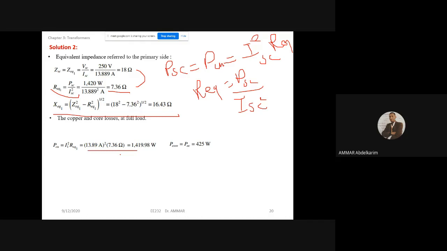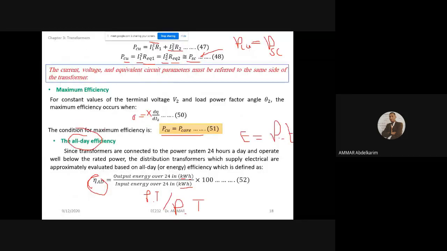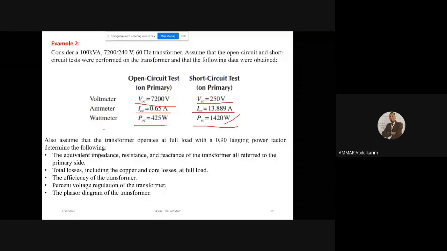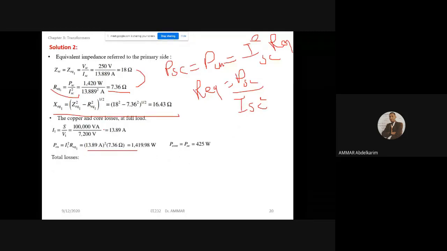If we have current and resistance, we can measure it, and it's almost the same. So those are the copper losses. Okay. The total losses.